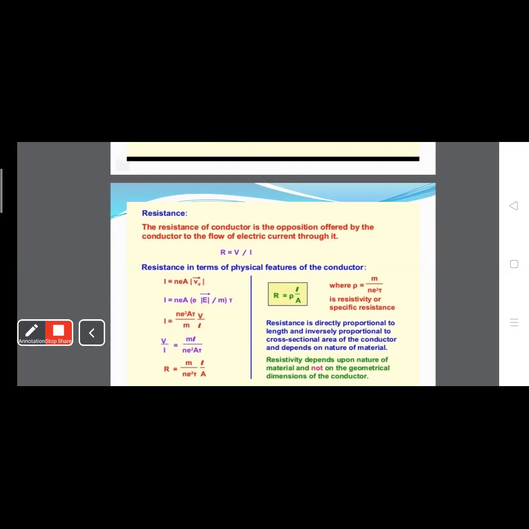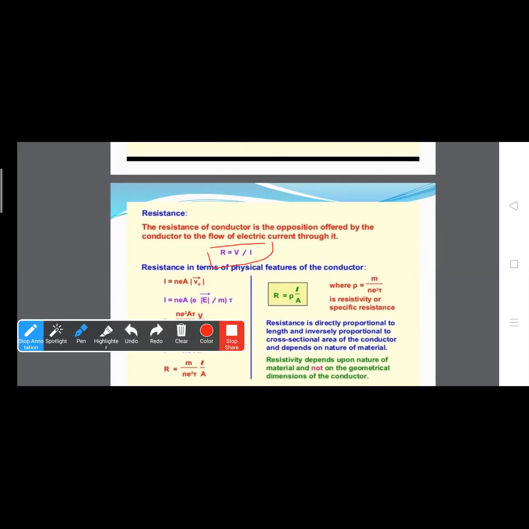Now, resistance in terms of physical features of a conductor. We know the relation between drift velocity and current is given by I equal to n e A v_d. Now put the value of v_d in this equation.